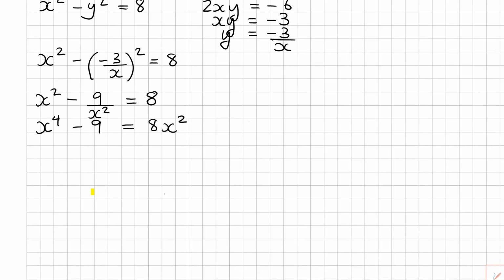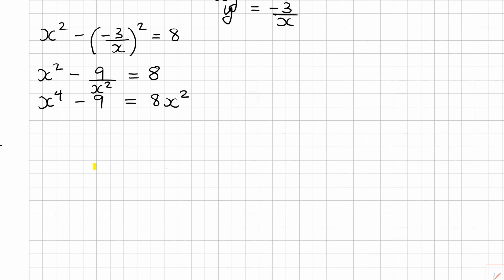So what we're going to do is bring the 8x squared into the center, which will give me x to the power of 4 minus 8x squared minus 9 equals 0. Now it's a quadratic equation, but just this time it's in terms of x squareds rather than x's.